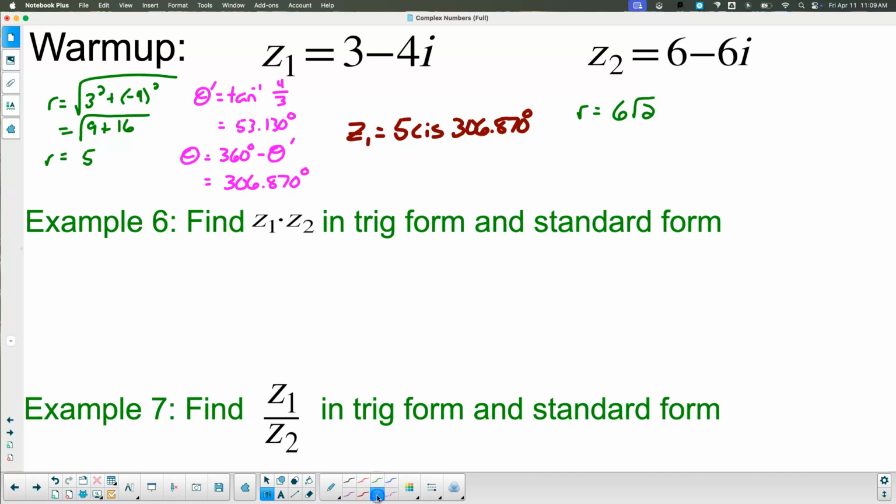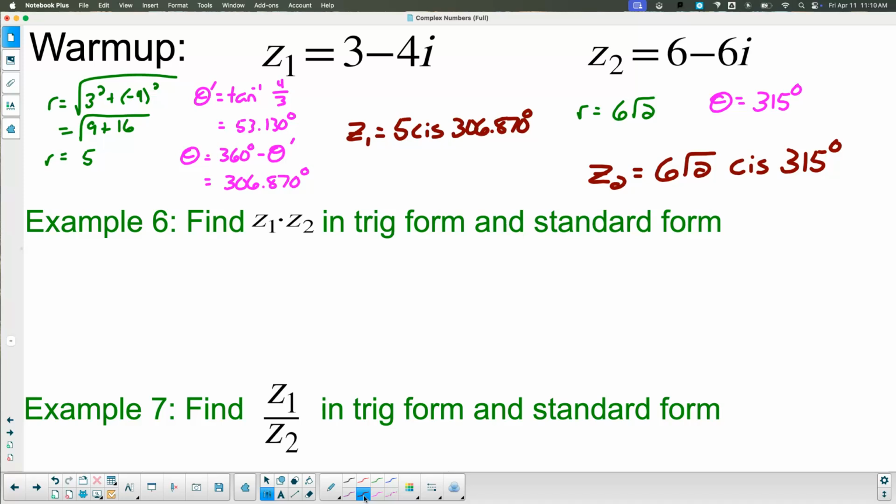Because it's a 45, 45, that means my actual theta here in quadrant number 4 is going to be 315 degrees. So my Z sub 2 is going to be 6 square roots of 2 times cosine i sine of 315 degrees.